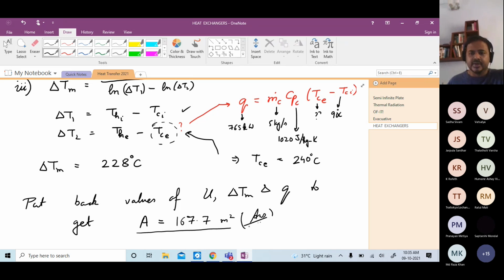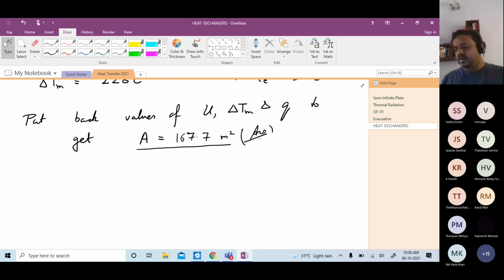Okay. Any questions? This is a straightforward problem. Again, just those three equations: Q equals UA delta Tm, and Q equals m dot Cp delta T for both of these fluids, and yeah, that's it. Okay, so very straightforward, but you have to think systematically.